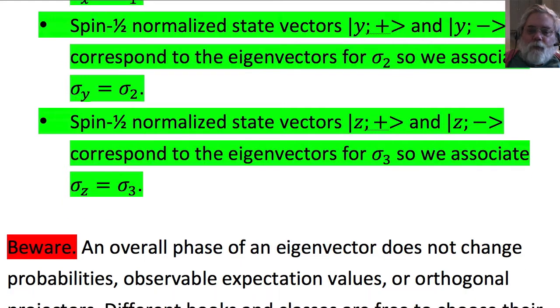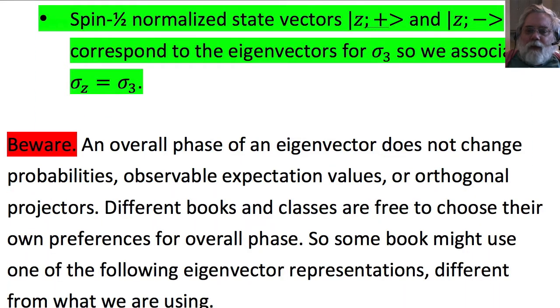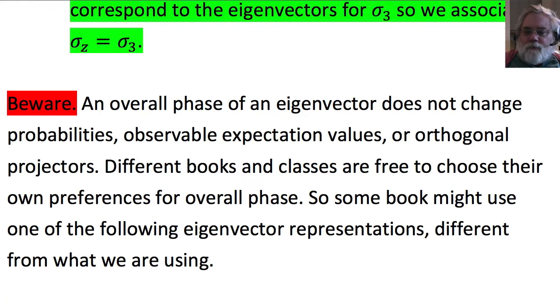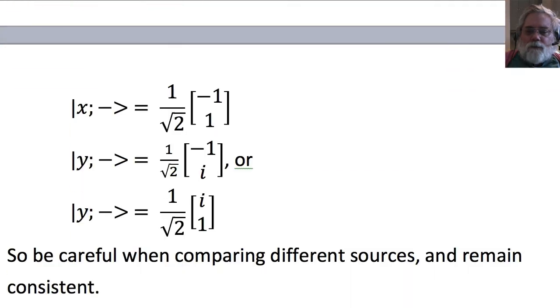Beware, an overall phase of an eigenvector does not change its probabilities. It does not change any observable expectation values. It does not change orthogonal projectors, which we will be using in this lecture. Different books and classes are free to choose their own preferences for overall phase. So some book might use different eigenvector representations from what we're using, but equivalent.